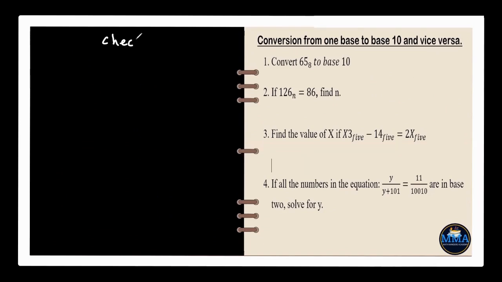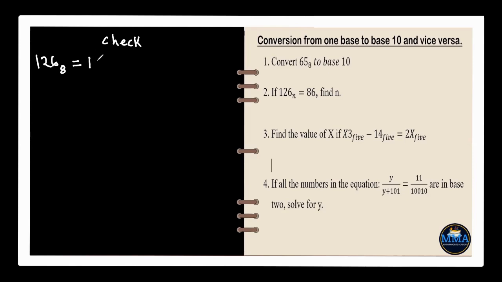So we want to check if we convert 126 base 8 to base 10, will it give us 86? If you are converting to base 10, we use the expanded method.